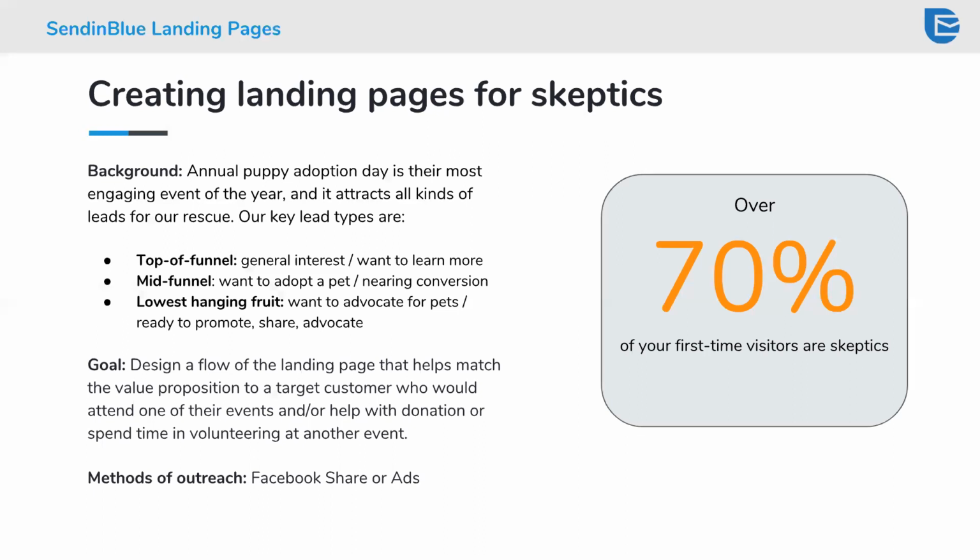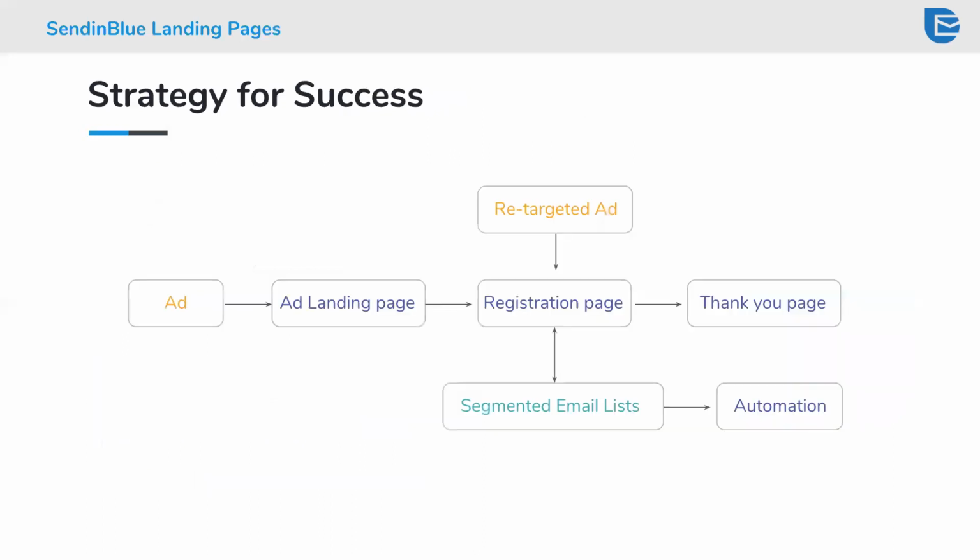So we have 3 different types of audiences, and for that I have created a unique flow on how we can run our landing page campaign and how we can run some automation around it. As you can see in this simple diagram, you can drive your traffic from an ad to your ad landing page, and drive traffic to educate your customers.